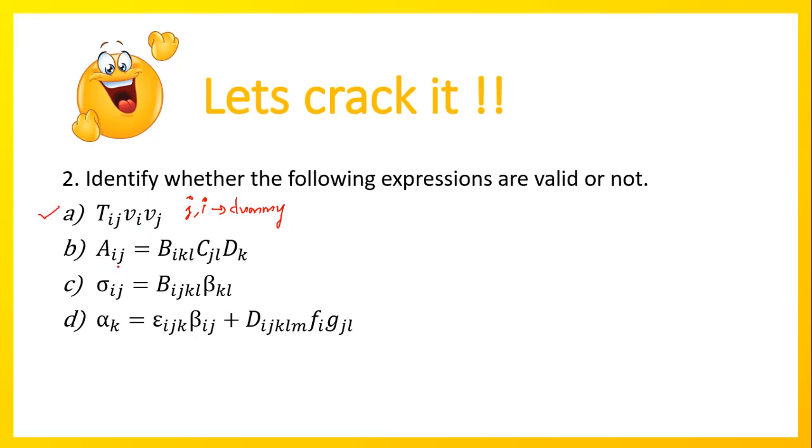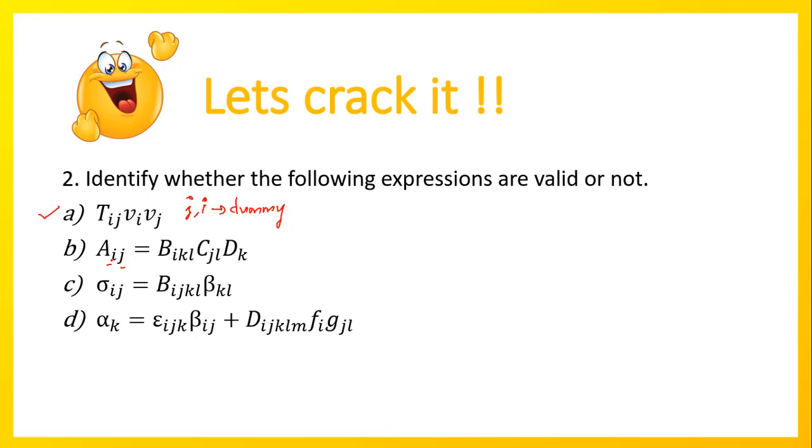Let's check the second. Here we have 2 different symbol groups with an equation sign. When we have an equation sign, the free indices on the right side should match with the free indices on the left hand side. On the LHS, we have free indices I and j.